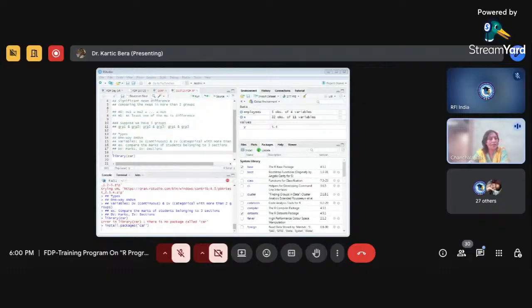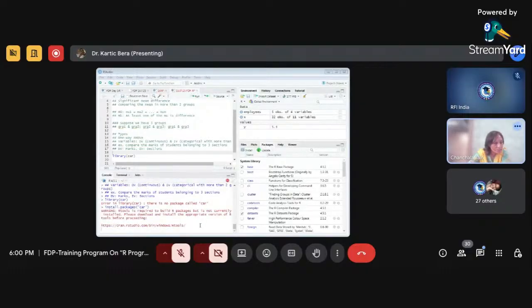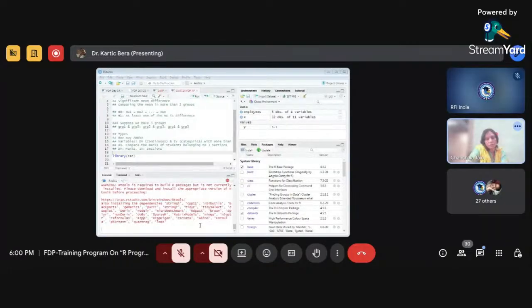Wait. All the dependencies will be loaded. Please wait, sir. Once you get the greater than symbol in the console, then you can run line number 19.